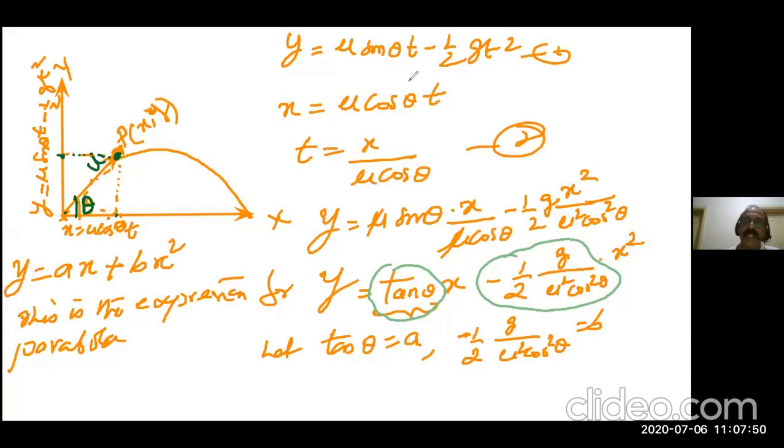Substituting t in the previous equation, y is equal to u sin theta times x by u cos theta minus half g times t squared, where t squared is x squared divided by u squared cos squared theta.